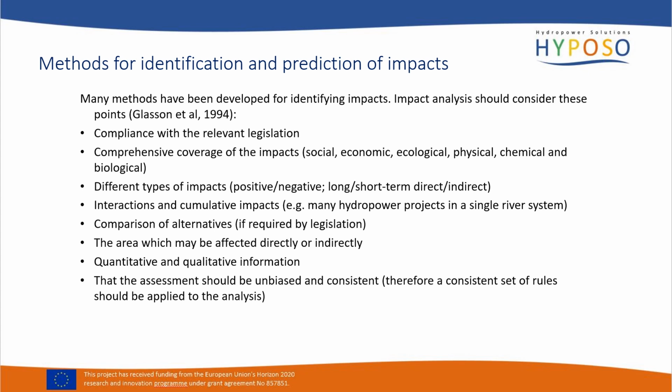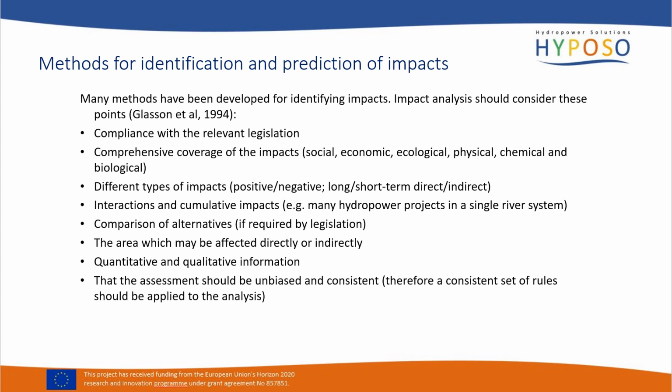I mentioned that there are different methods for the identification of impacts, but in some cases, the guidance or the regulations might suggest some specific methods or tests that should be used, for instance, to determine water quality. What are the methods that are used at the level of the assessment?